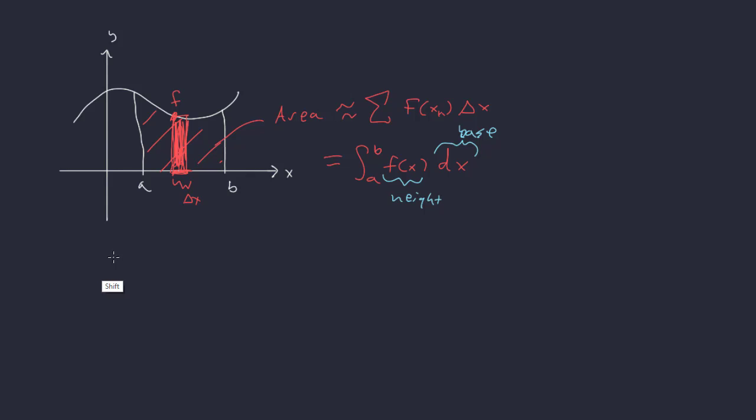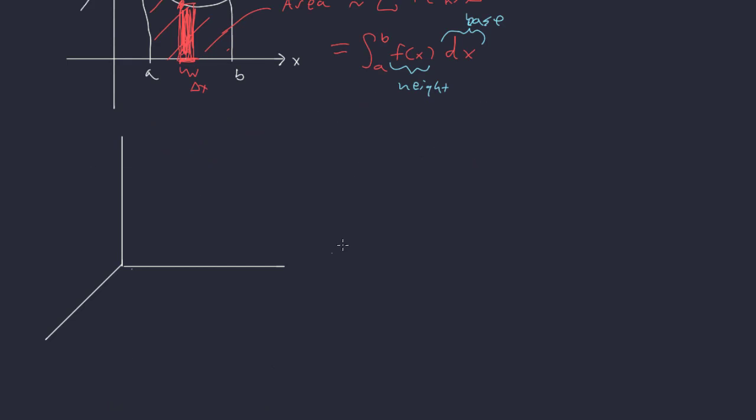All right, so then we move to double integrals, which kind of followed from the same idea. So if we had, say, a region here on the xy plane, okay, we could map that up to some height given to us by f of x y.